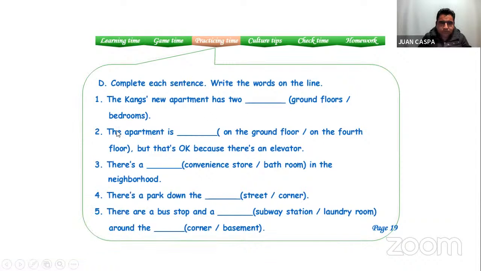Bedrooms, right? And the apartment is in the ground floor or in the fourth floor. What is the correct answer in number two?